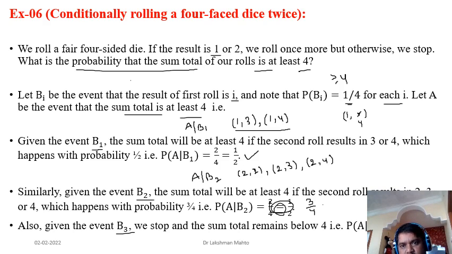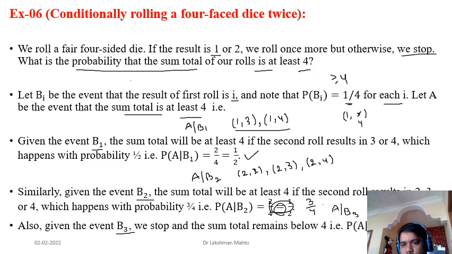This condition says that when you observe 1 or 2 in the first roll, you will roll once more, but when you observe anything other than 1 or 2, you need to stop. So there would be no event of A. We will not get 4 anyhow because we have already got 3 in the first roll.